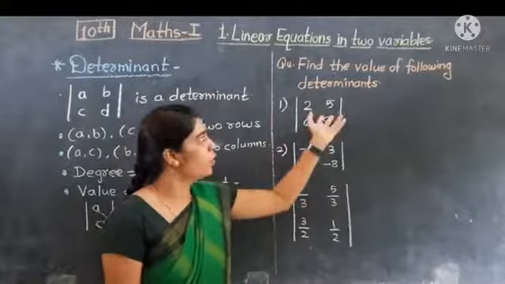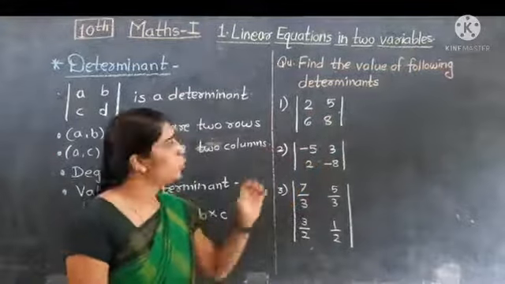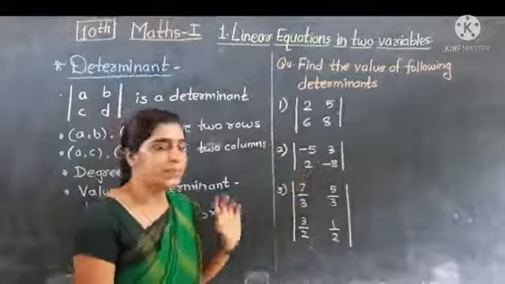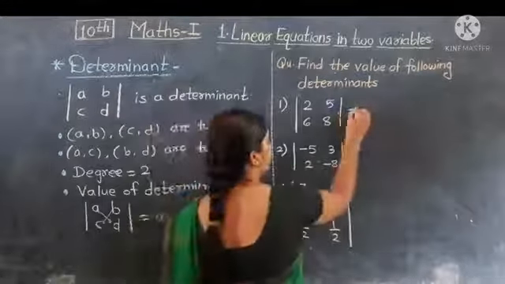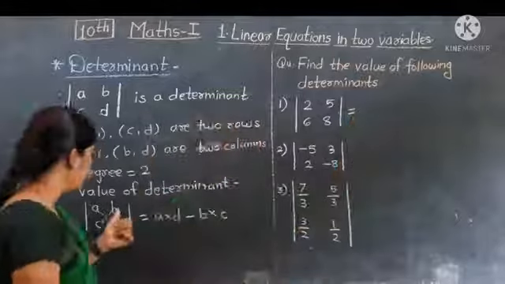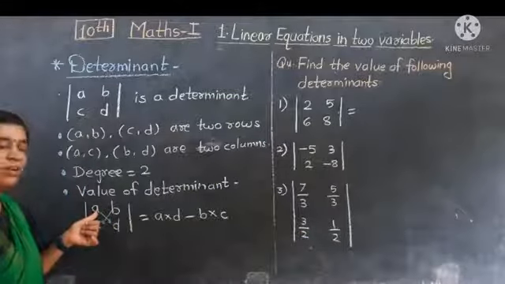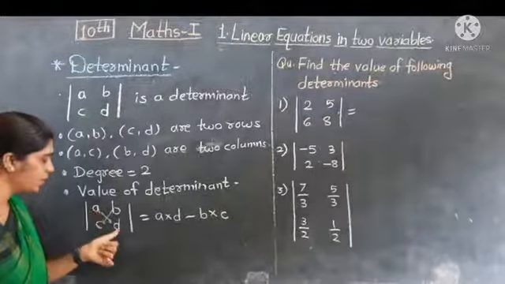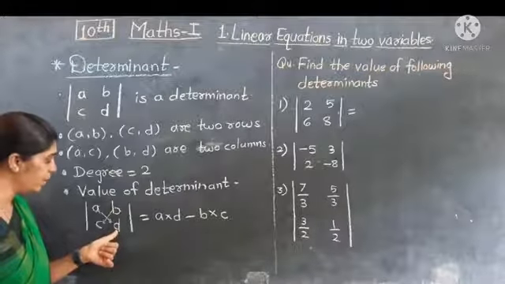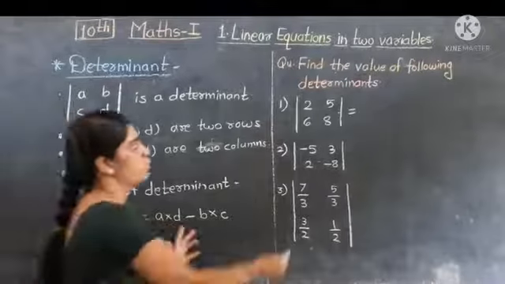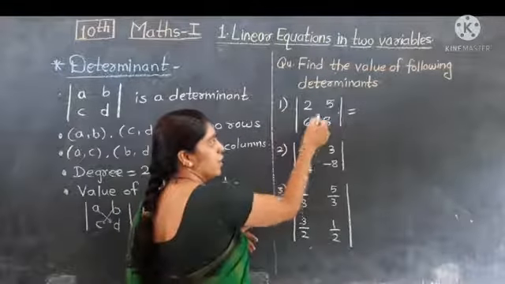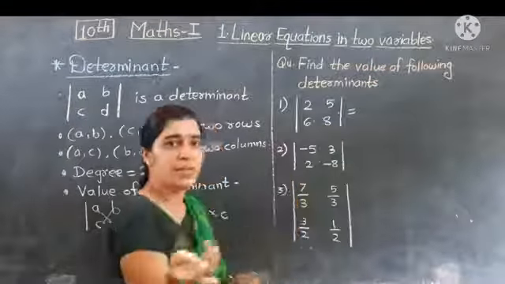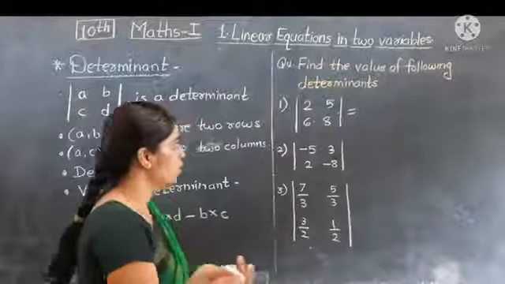Find the value of the following determinants. We have to find the value of this determinant. So how to find the value? I had told you to cross multiply, starting with the element in the first row and first column with the element in the second row and second column. If you start in any other way, the answer will change.